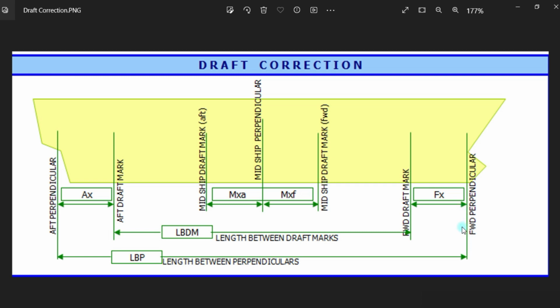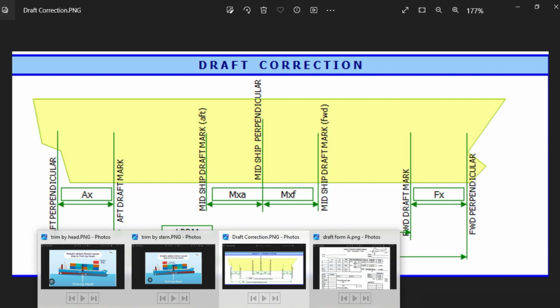This forward correction is from the forward perpendicular to your forward draft mark. The distance to the forward perpendicular is your forward correction. From the aft perpendicular to your aft draft mark will be your aft correction. So this is what I meant by the correction.